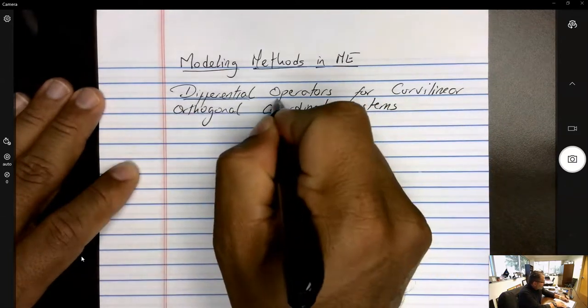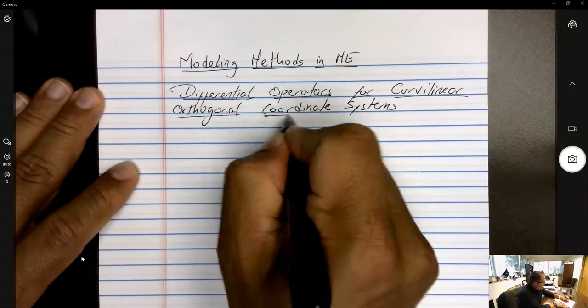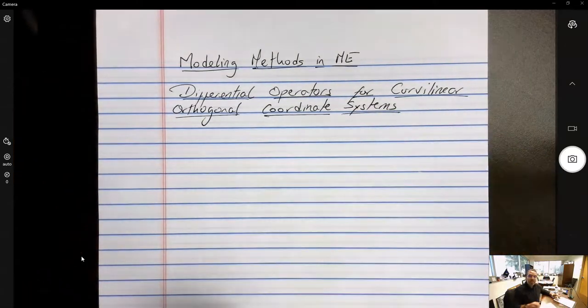Now we may ask why are we concerned with knowing how to do the gradient, the divergence, the curl, and the Laplace in curvilinear coordinates? Well, because ultimately what we want is to be able to derive governing equations, differential equations essentially, that govern certain phenomena like heat transfer, fluid mechanics, solid mechanics, electromagnetics, and so on.